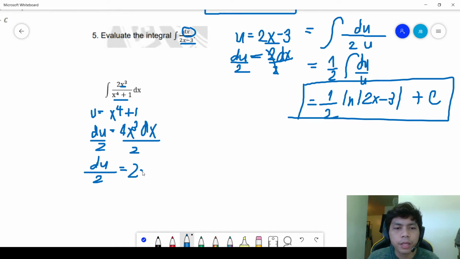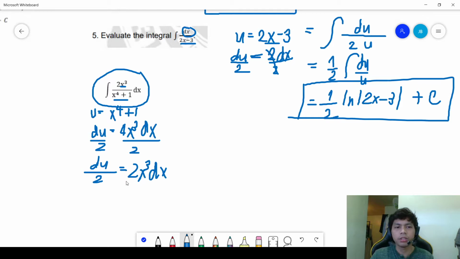Now you have 2x cubed dx, which means that you can change this equation in terms of u. So 2x cubed dx is once again du over 2. Then x to the fourth plus 1 is again your u.